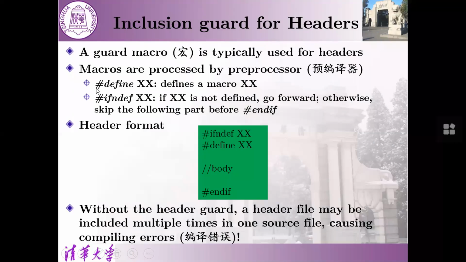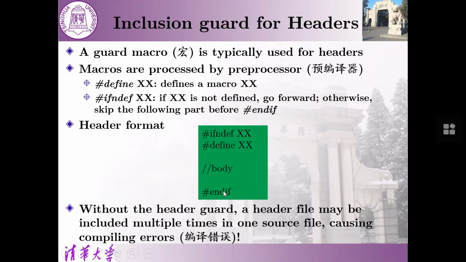So this defines the macro. XX is a name. Then #ifndef checks whether this name is defined. If ifndef means if this name is not defined, then go forward. Otherwise, if it is defined, then skip the following part before the #endif.